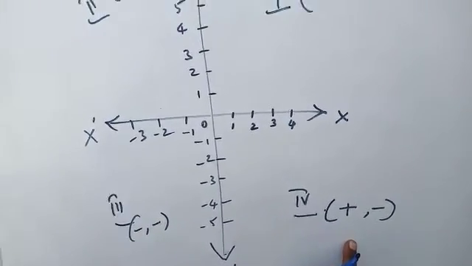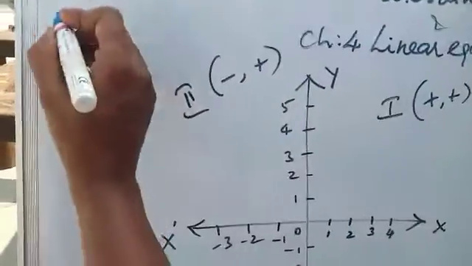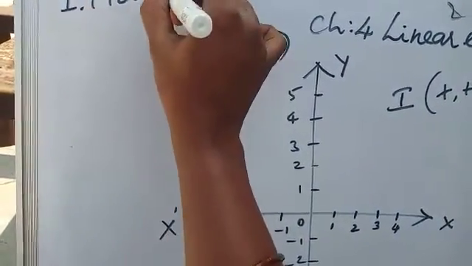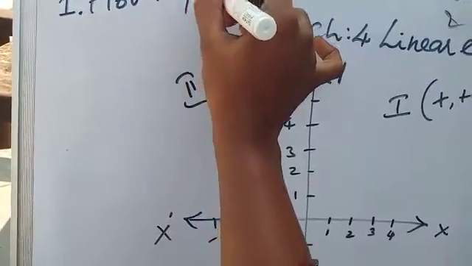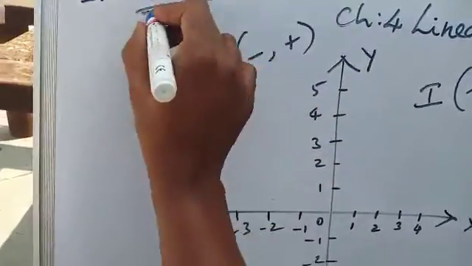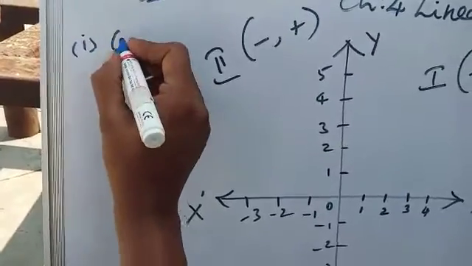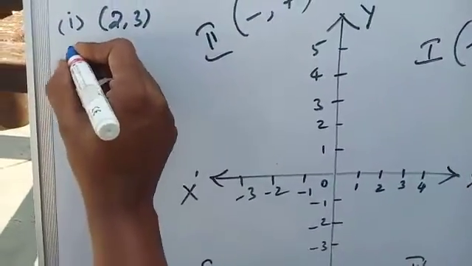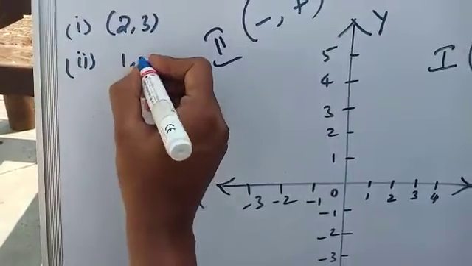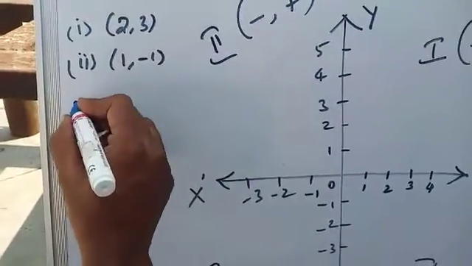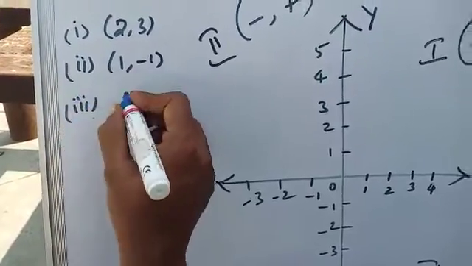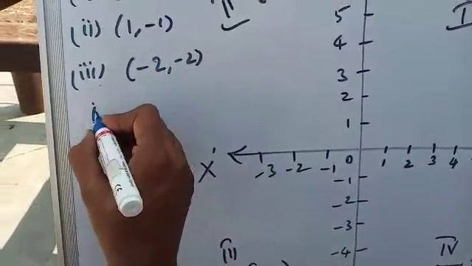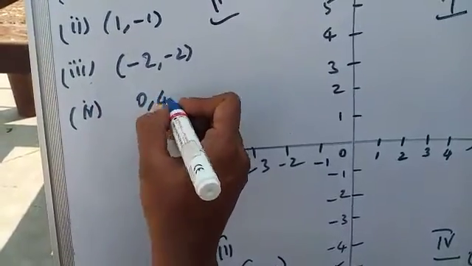Okay children, for example, if they give: plot the following points. The first point is (2, 3), the second point is (1, -1), the third one is (-2, -2), the fourth one is (0, 4).